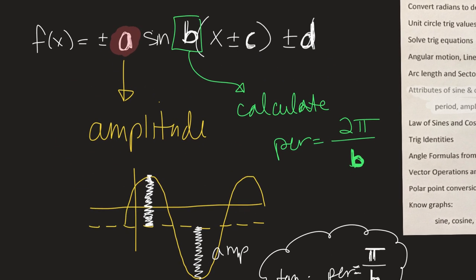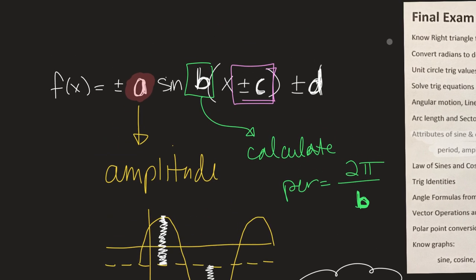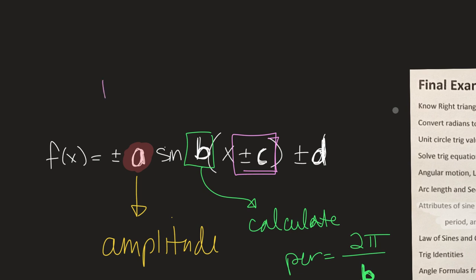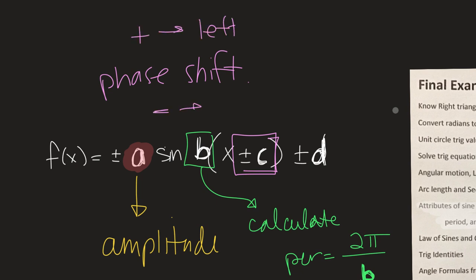The C is your phase shift, left or right, and it's always the opposite. Pluses go left and minuses go right. If it's inside of parentheses, then it lies to you. That's what we need to remember: parentheses lie.